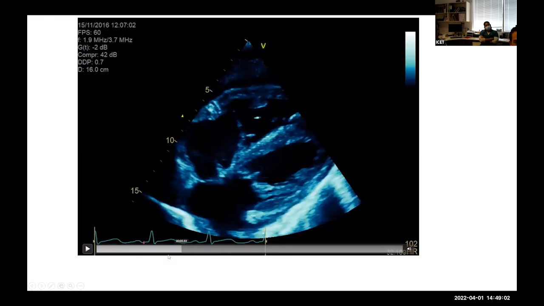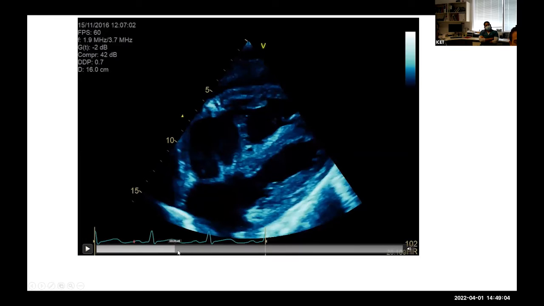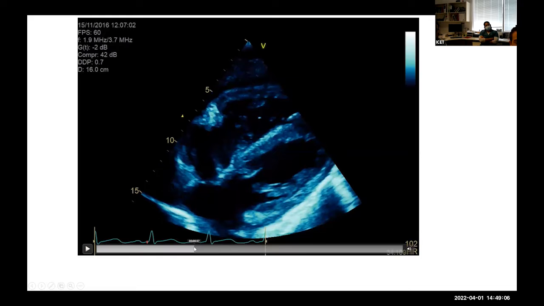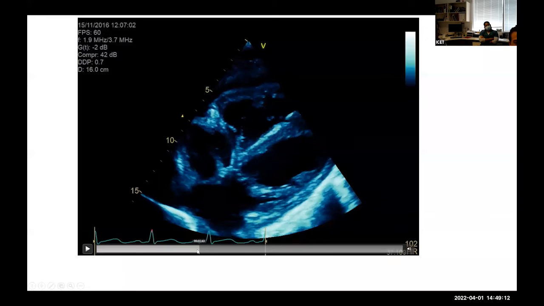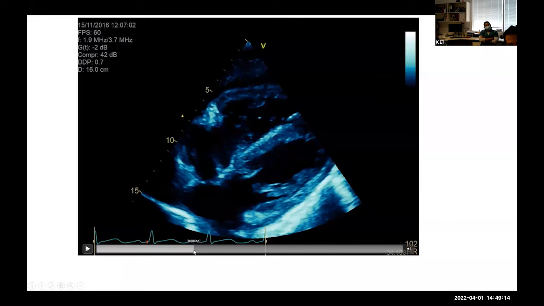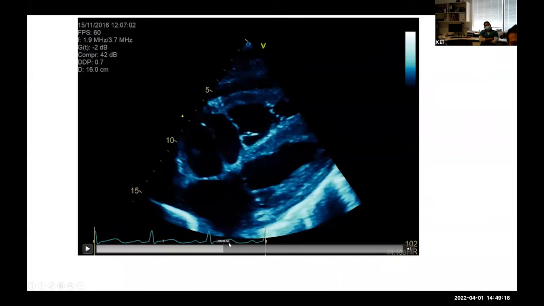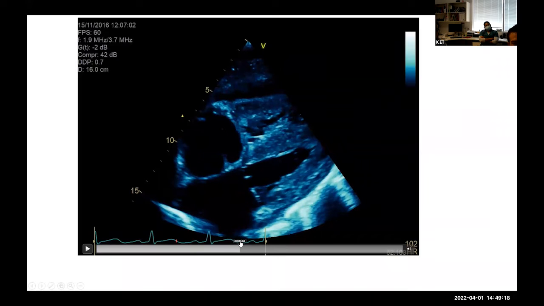With regards to the right atrium, at the end of diastole here, it's not quite collapsing. At the start of diastole, when it's at its fullest, it's holding its own shape, but the right ventricle is collapsed down.